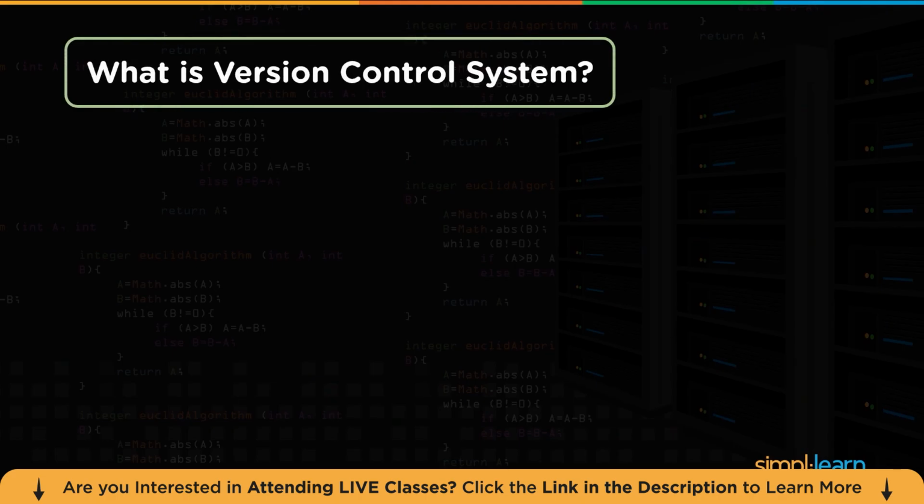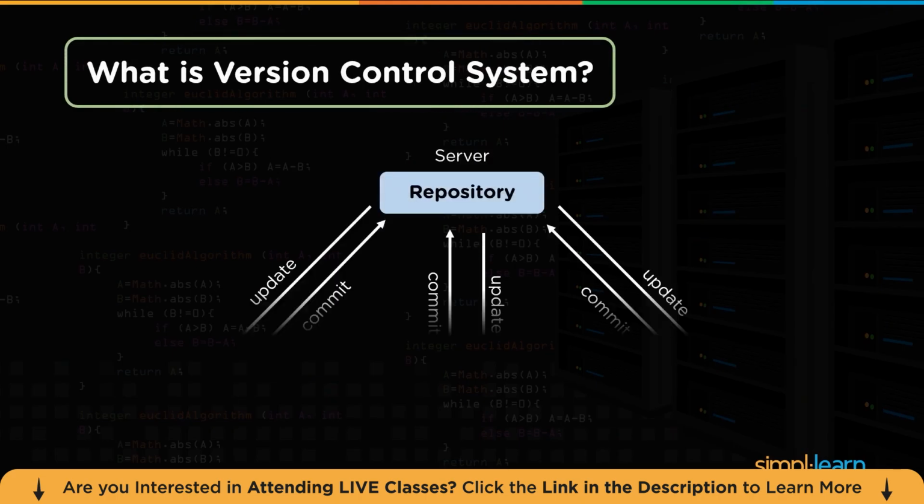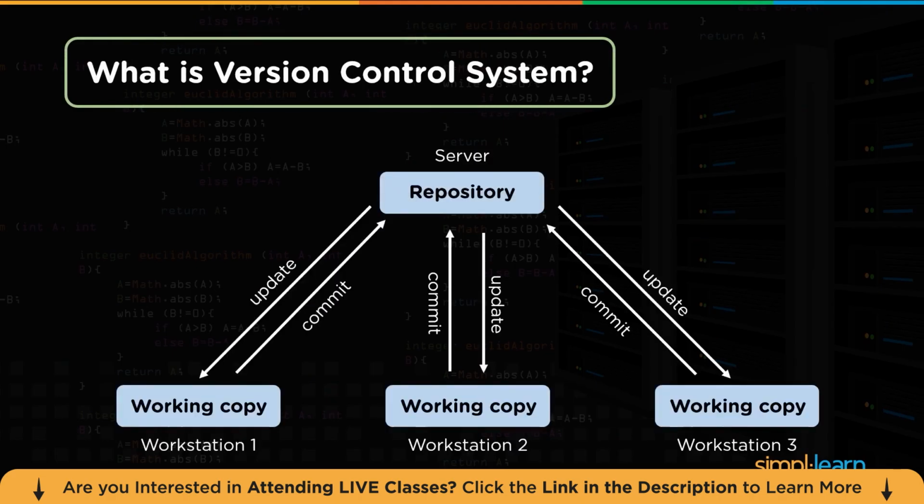Version control systems are software tools that help in recording the changes made to files by keeping track of modifications done to the code. There is one repository and each user has their own working copy. The changes are committed to the repository, which makes them visible to others. The two most important things to make changes visible are commit and update.